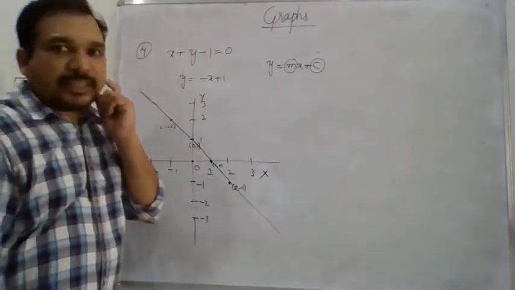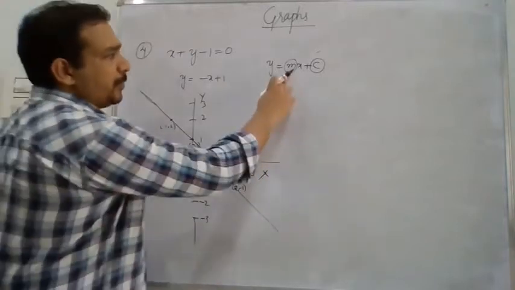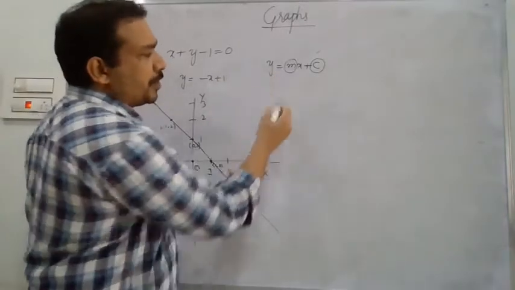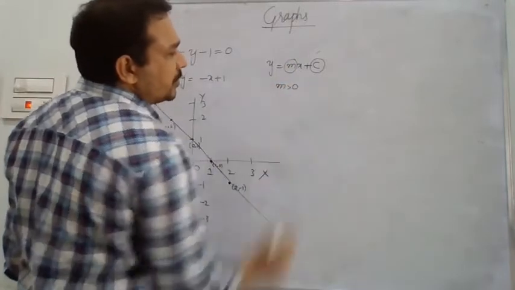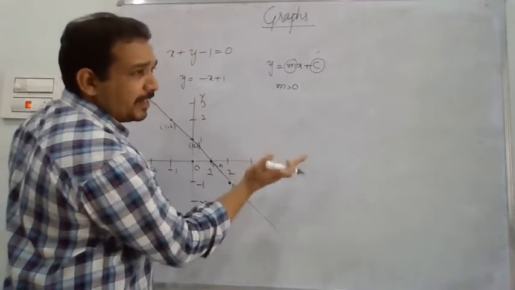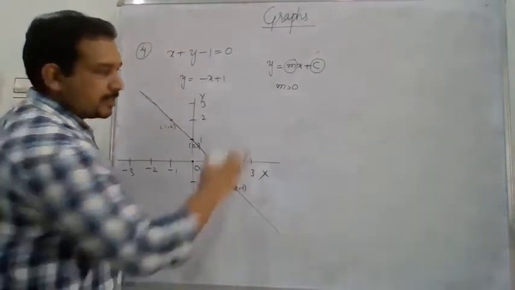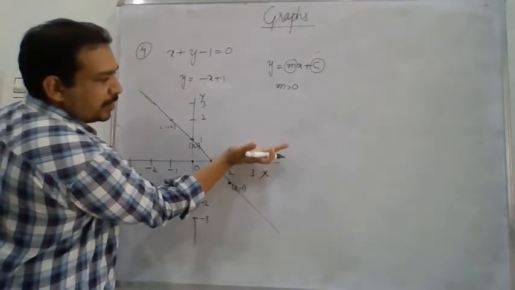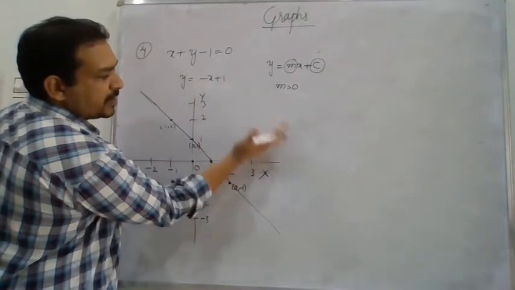We can say the intercept on the y-axis. M represents the slope. For example, if m is positive, then the line should make less than 90 degrees with the positive direction of the x-axis. Means from this side, 0 degrees to 90 degrees. So the line must be in this range only.